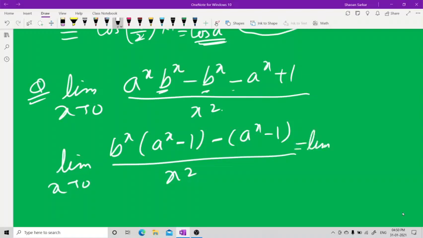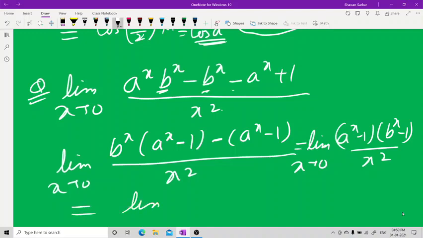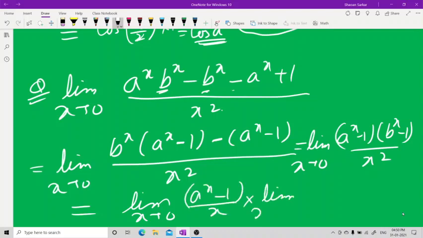This is limit x tends to 0, (a^x minus 1) into (b^x minus 1) upon x square. So this can be written as limit x tending to 0, (a^x minus 1) by x into limit x tending to 0, (b^x minus 1) by x, and this gives log a and log b.